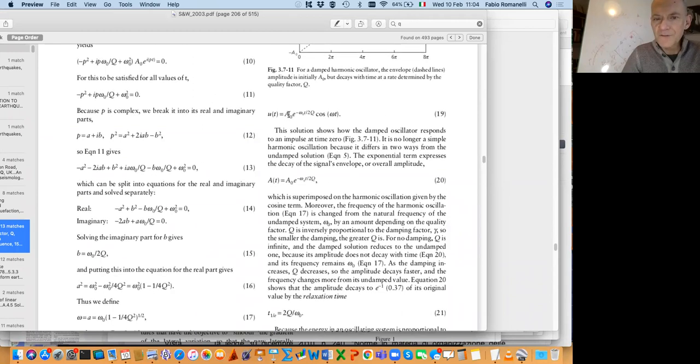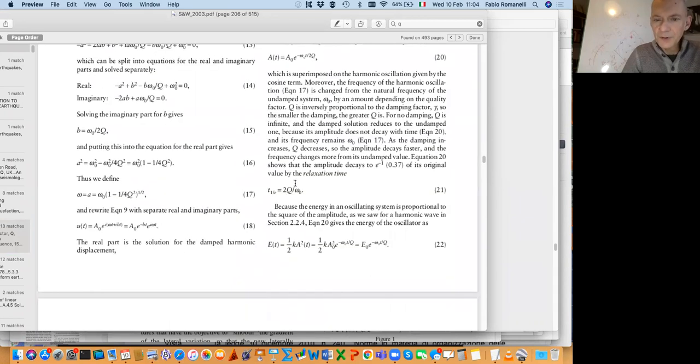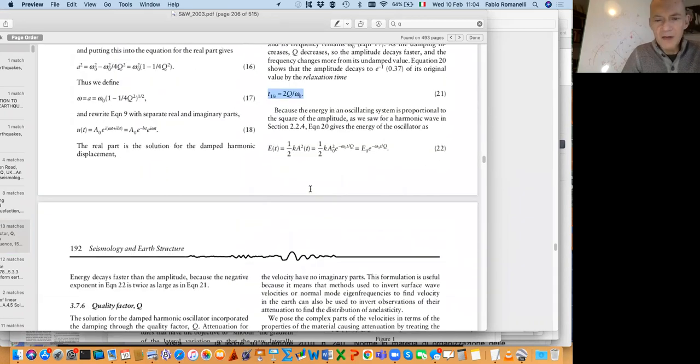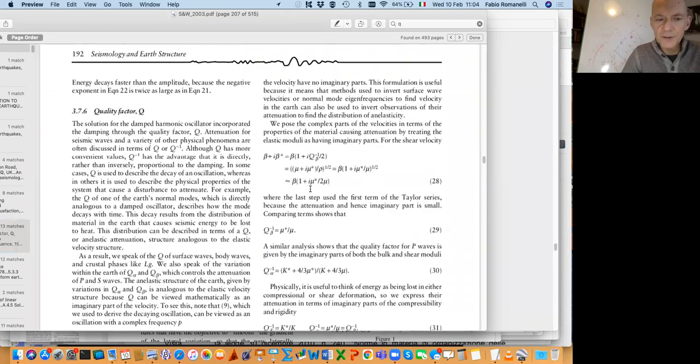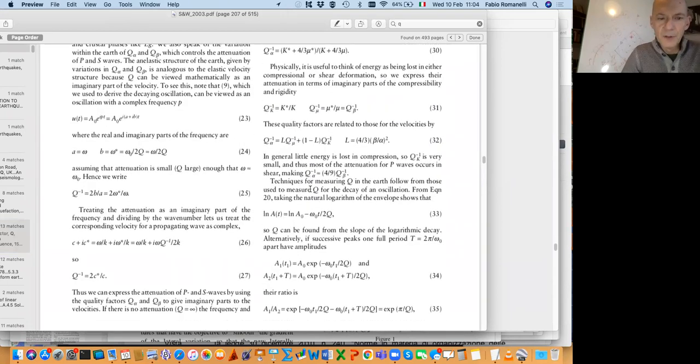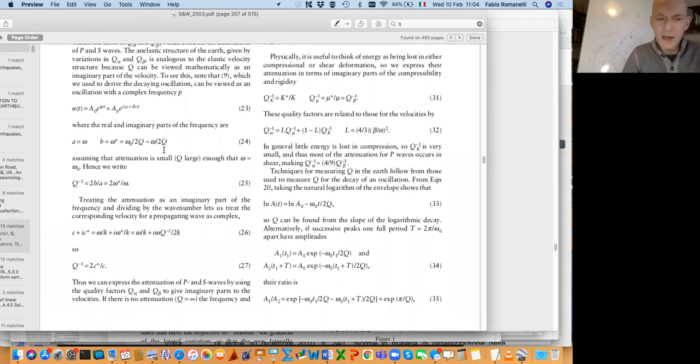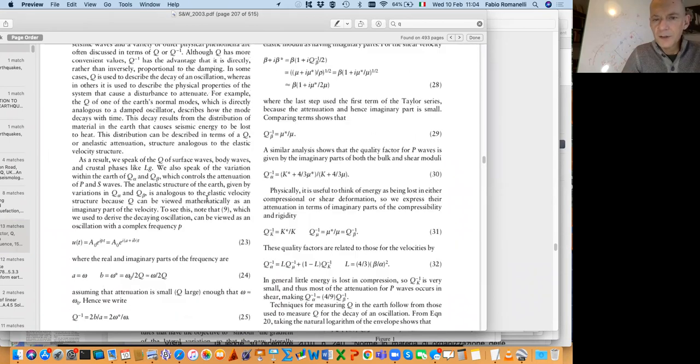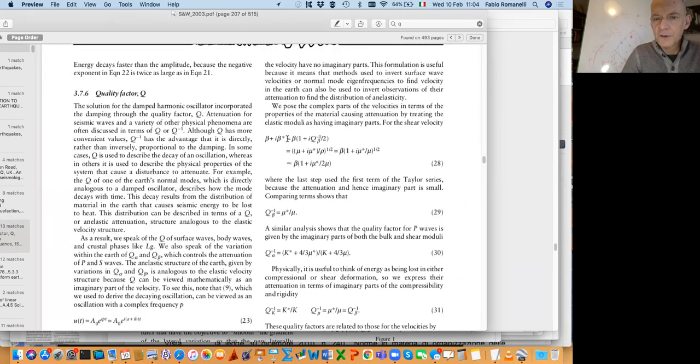You should recognize this factor here because we discussed it. It's Q, relaxation time, everything is nice here, and then here you got the solution. Because from the damped oscillator, you can get the definition of attenuation, Q minus 1, and here there is the definition of beta as a complex velocity, and of course the imaginary part is taking care of what we can call the phase attenuation.